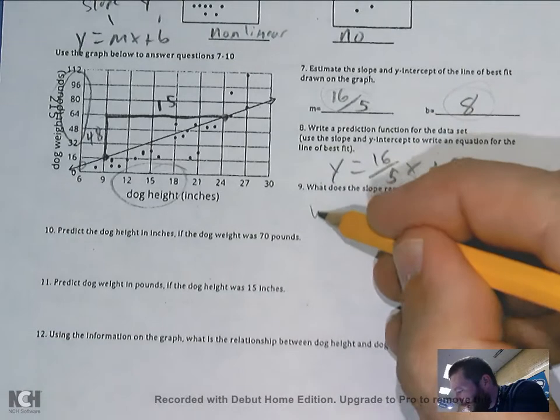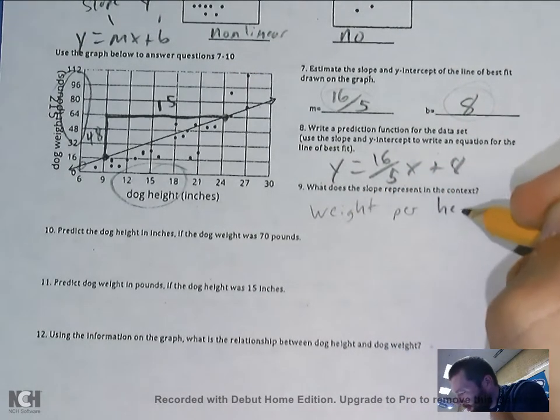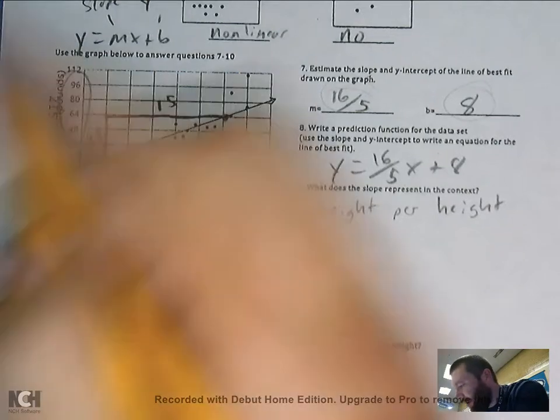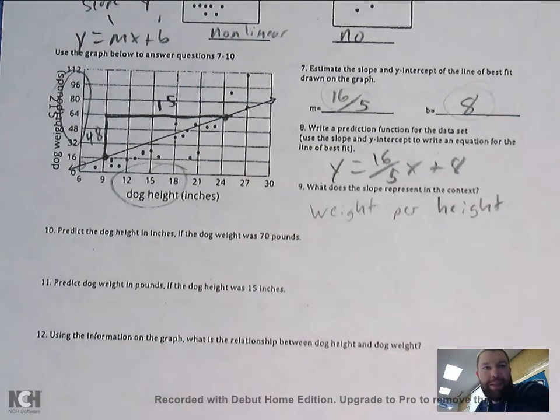So this would be weight per height. That is how we want you to set that up, and basically how it would be formulated each time. Okay, weight per height. Whatever the y is representing per whatever the x is representing is basically what the slope represents in context.